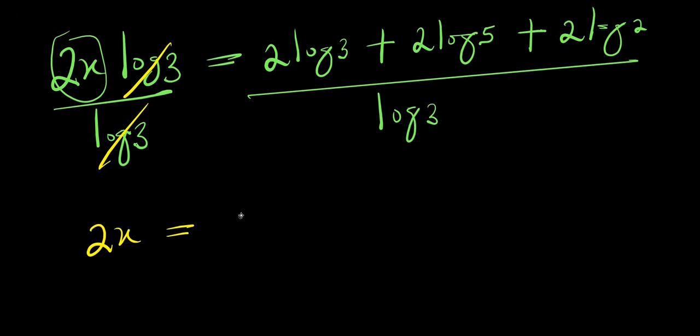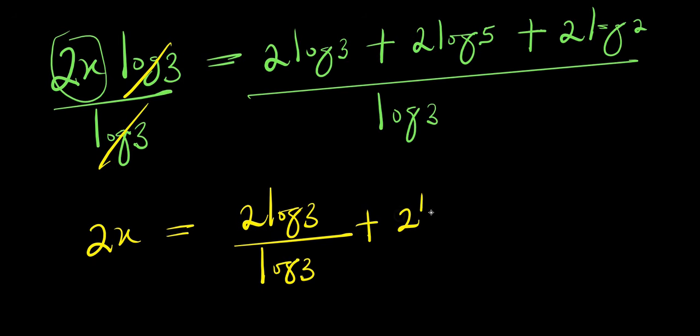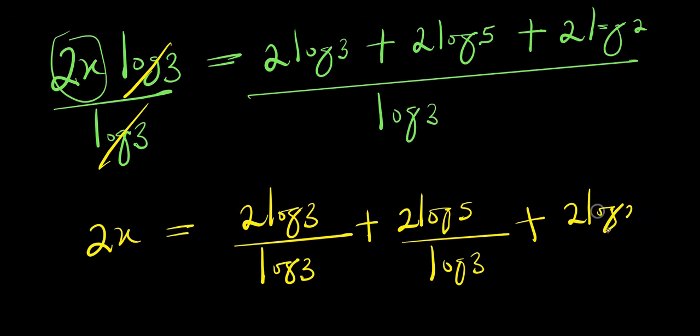I have 2x equals 2 log 3 divided by log 3 plus 2 log 5 divided by log 3 plus 2 log 2 divided by log 3. This cancels this.